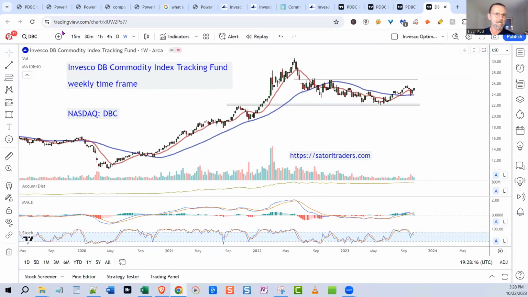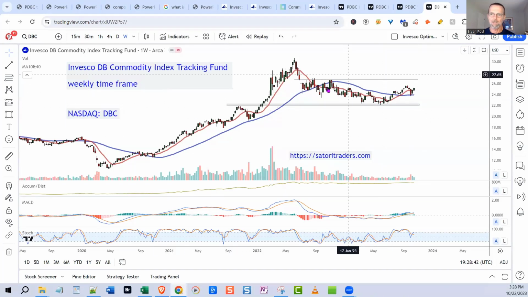So this is the DBC. And if you wanted to have the same exposure to commodities, the same commodities and the same weighting towards those commodities, DBC would be an ETF to look at. And basically it's a mirror. What it looks like to me is that this mirrors PDBC without the tax consequences.